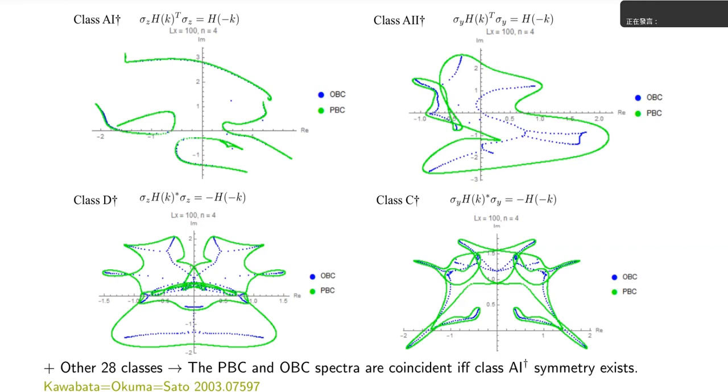What is the typical size of your matrices? The system size is 100 times 100, and also the number of internal degrees of freedom is 4 in this example. So 400 times 400. So that means there are 4 bands because the internal degree of freedom is 4.